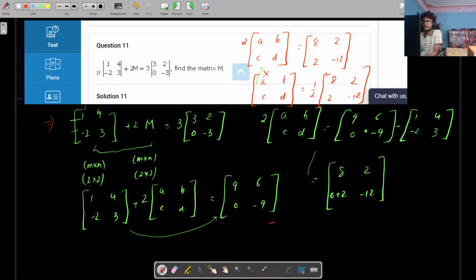So now use the same theory: when something is multiplied with a matrix, you multiply every element with it. We assumed ABCD as X. So half of 8 is 4, half of 2 is 1, half of 2 is again 1, half of minus 12 is minus 6. So your matrix X is [4, 1; 1, -6].